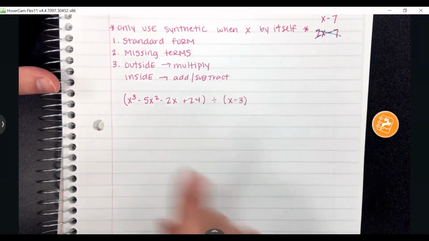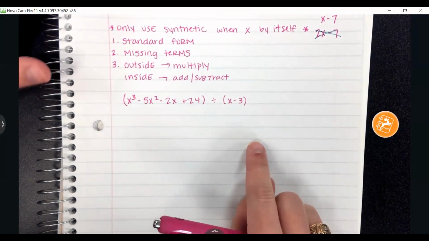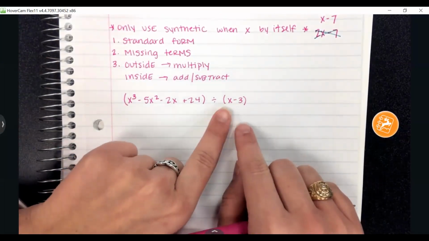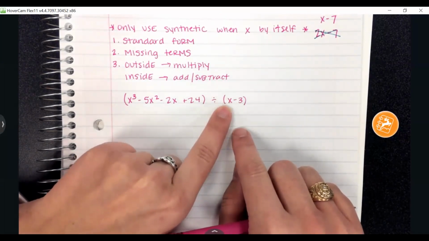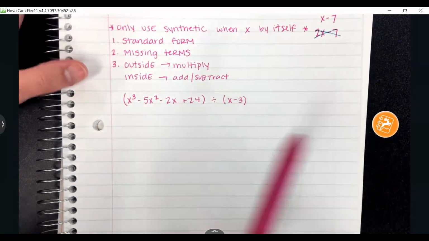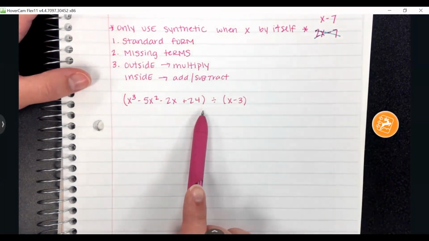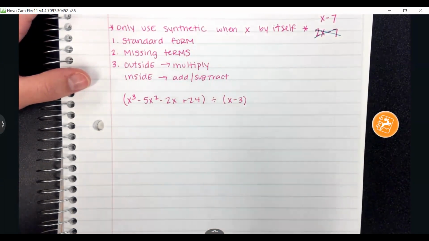So my first question is, can I use synthetic division? Yes, because I'm dividing by just an x. There's nothing in front of it, so I can use synthetic division, okay? Second step, is this in standard form? And is there anything missing? Nothing's missing, okay?